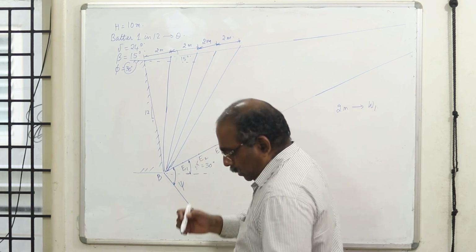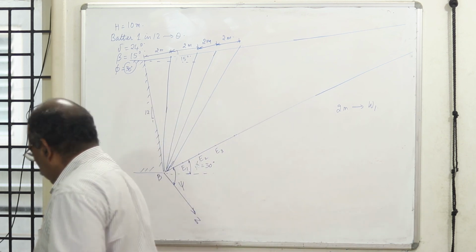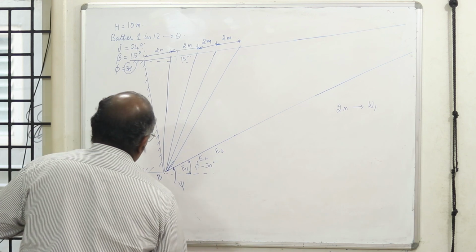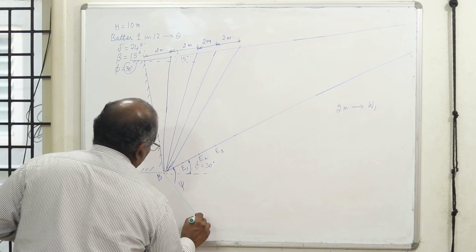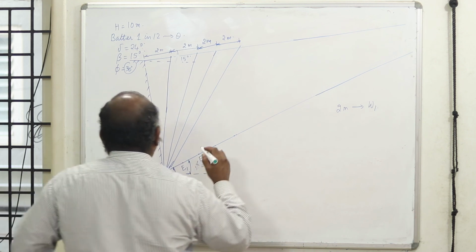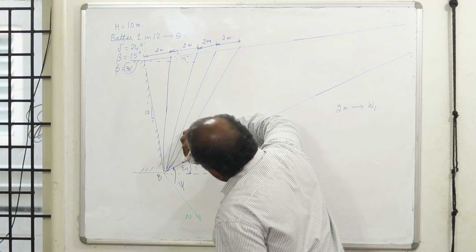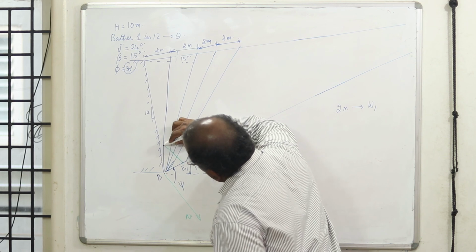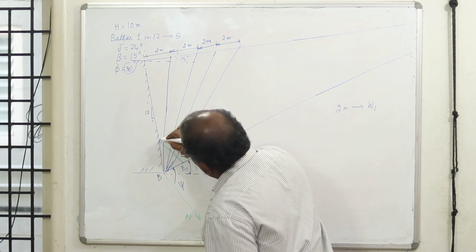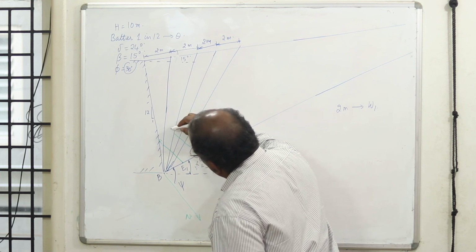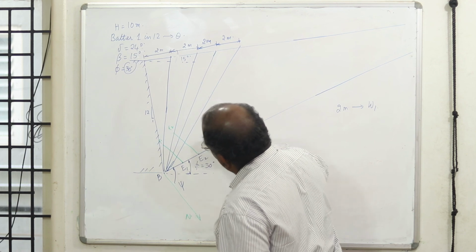Now what I am doing is drawing lines parallel to the psi line because it is easy to remember. From E1 I am drawing a line parallel to the psi line. Wherever it meets, I call it F1. I draw a line parallel to BN.